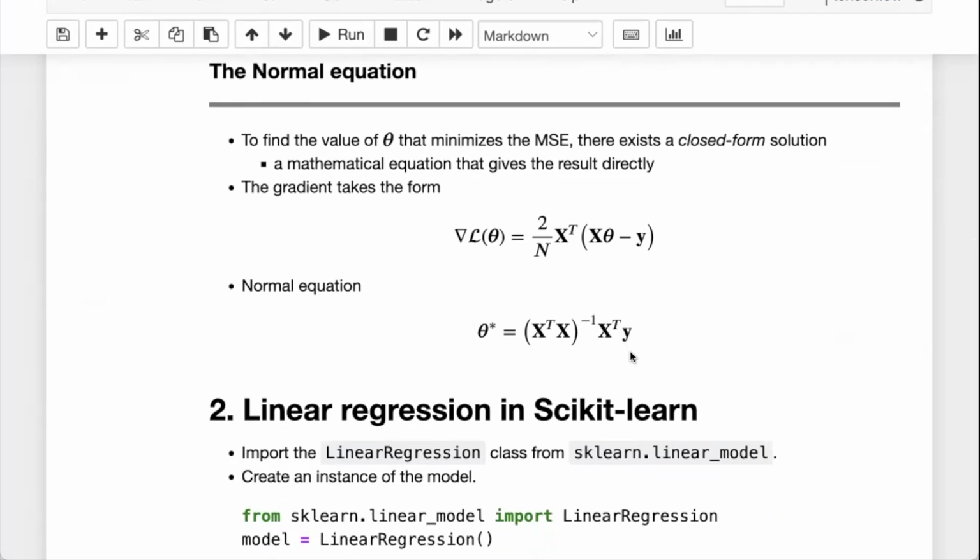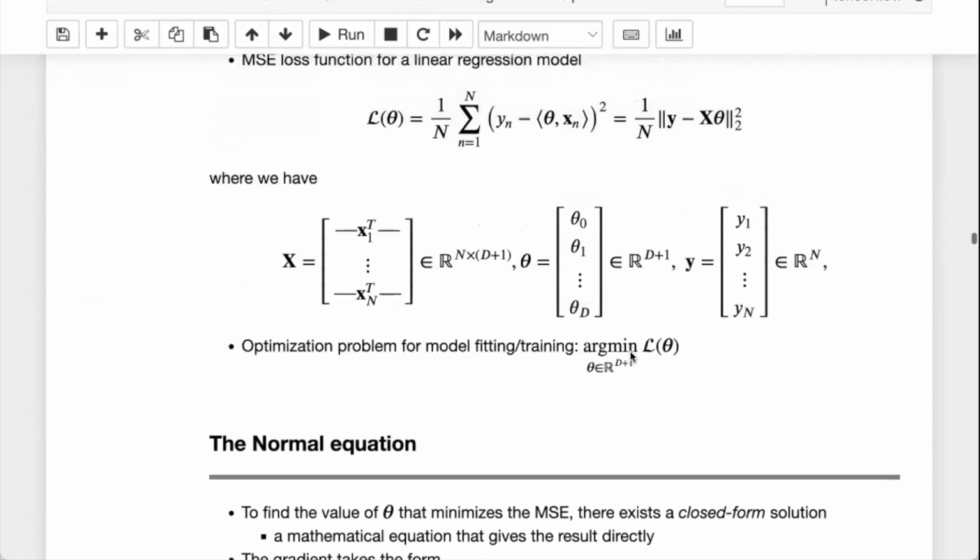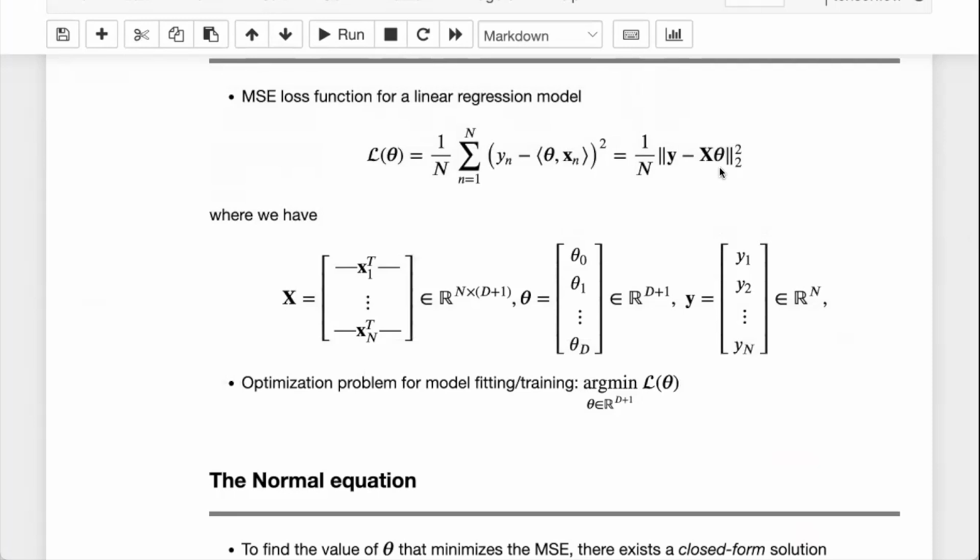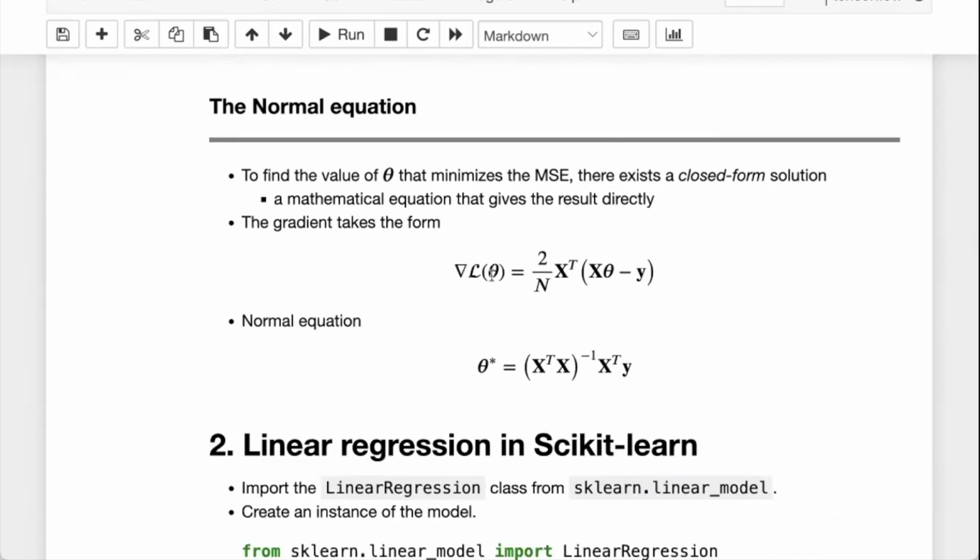So for linear regression, now we understand the model assumption and how to define a loss function. That's the general form that we have. Once you define a loss function, you need to find the gradient, which is relatively straightforward here. And then we can set this gradient equal to 0 to find the optimal solutions.